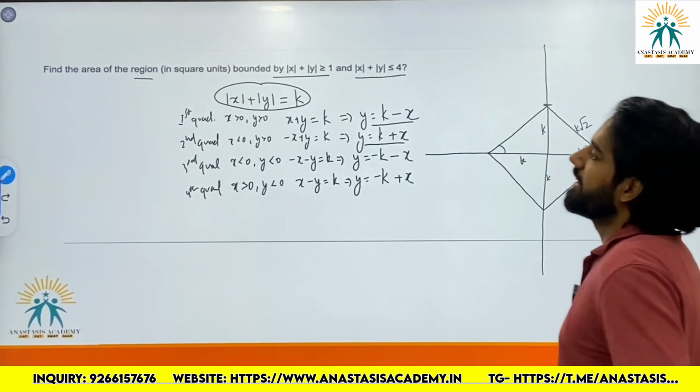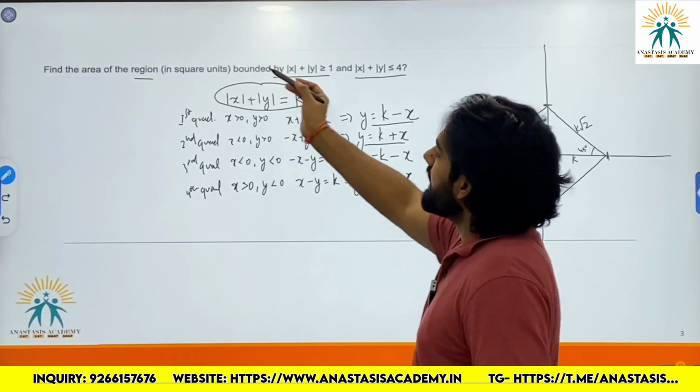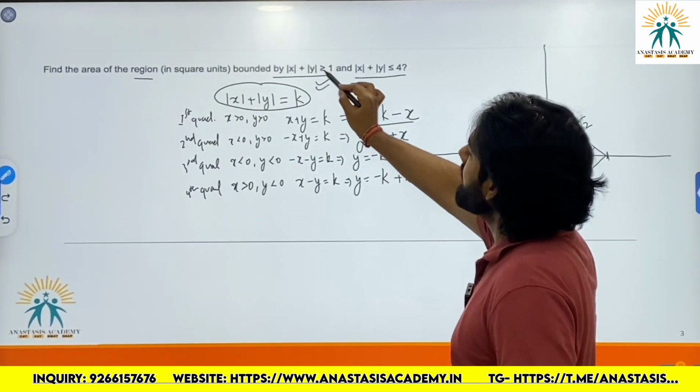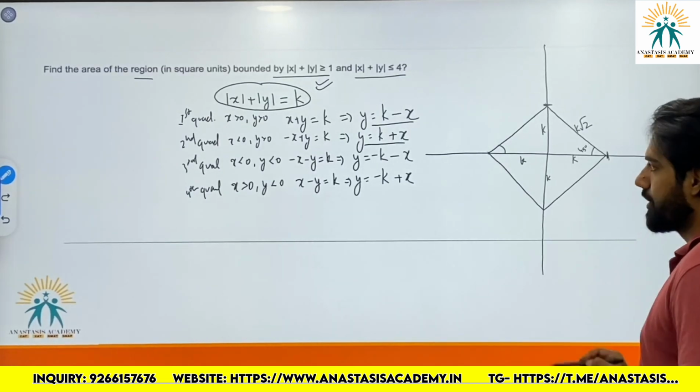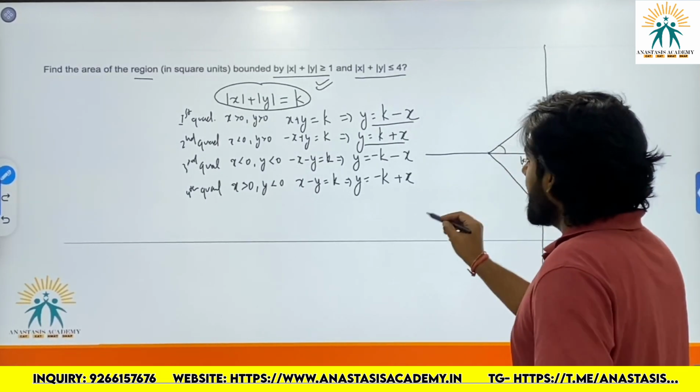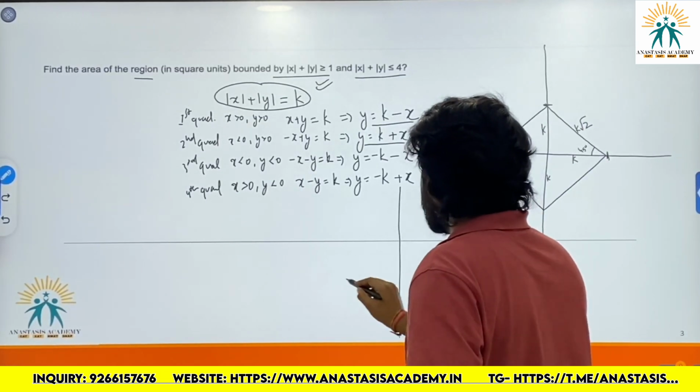Now our question is, find the area of the region bounded by this inequality, that mod x plus mod y is greater than or equal to 1. So I am plotting this graph here.